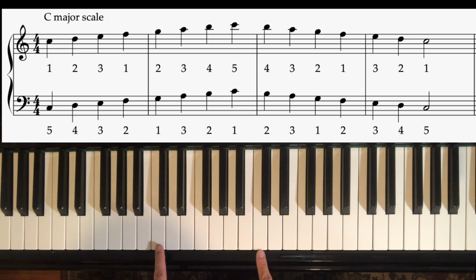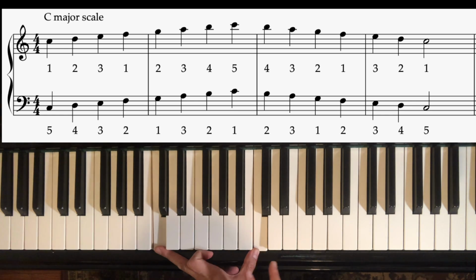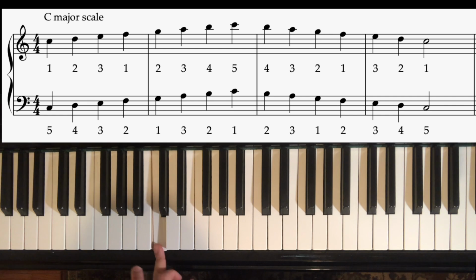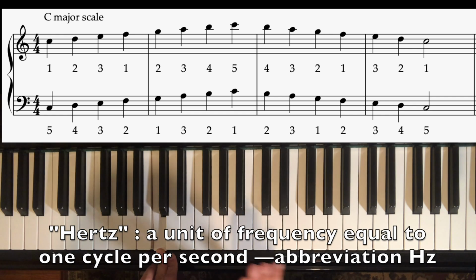Now, I already explained an octave. I'm going to explain further today why this phenomenon occurs. Let's imagine that this string is vibrating at, let's say, 100. It's not really 100. Let's imagine, though, that it's vibrating at 100 cycles per second. The correct term is hertz.